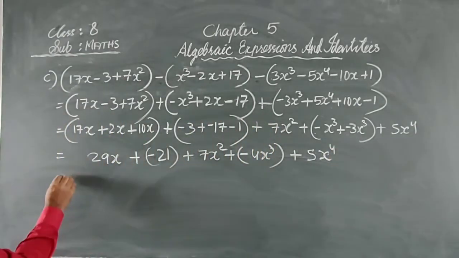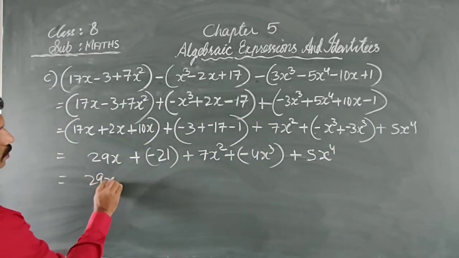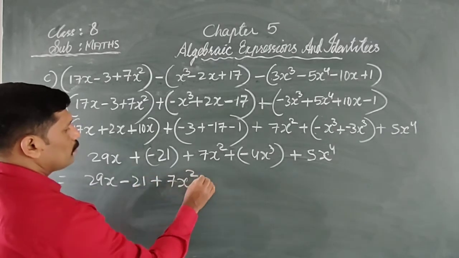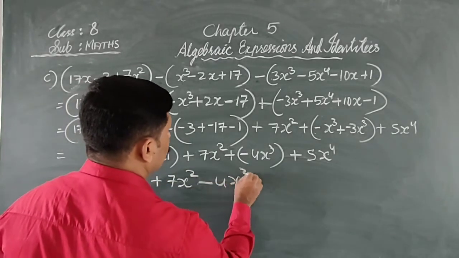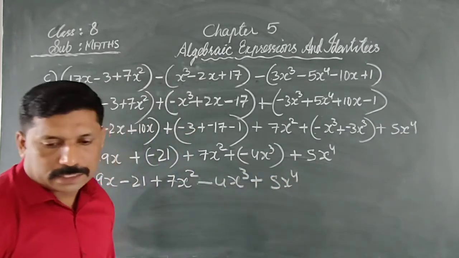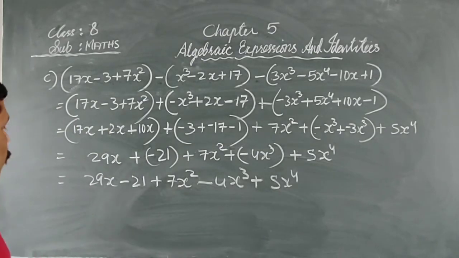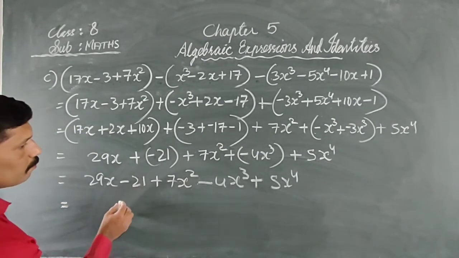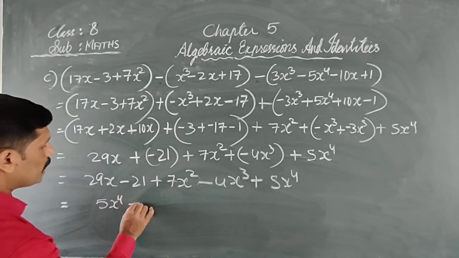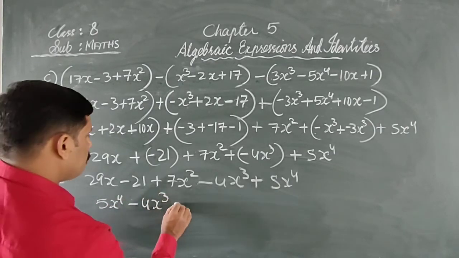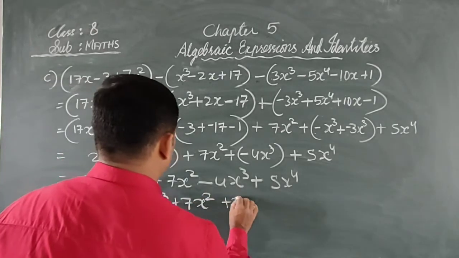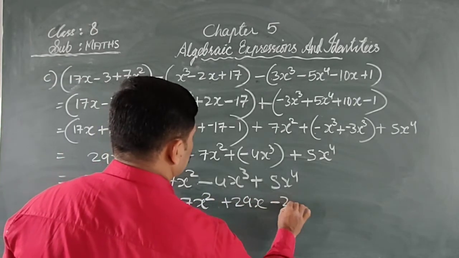Now we are going to rewrite this: 29x minus 21 plus 7x square minus 4x cube plus 5x power 4. And if we arrange according to the order of the power, it will be 5x power 4 minus 4x cube plus 7x square plus 29x minus 21.